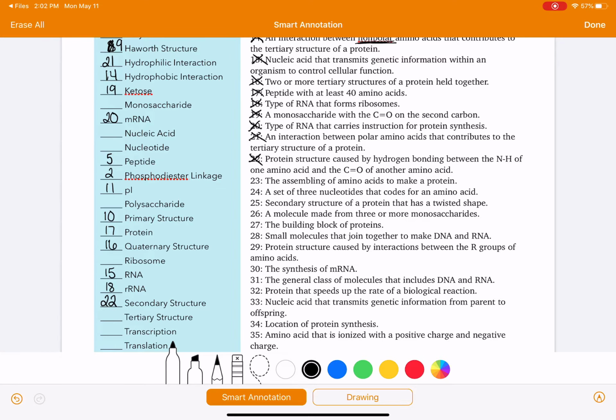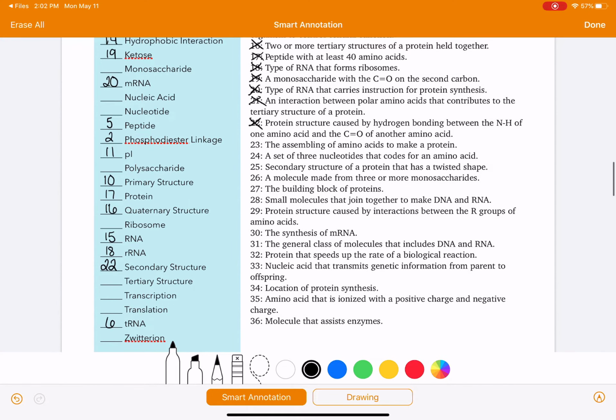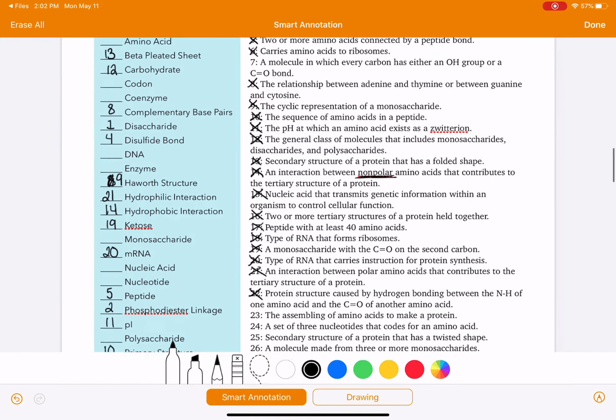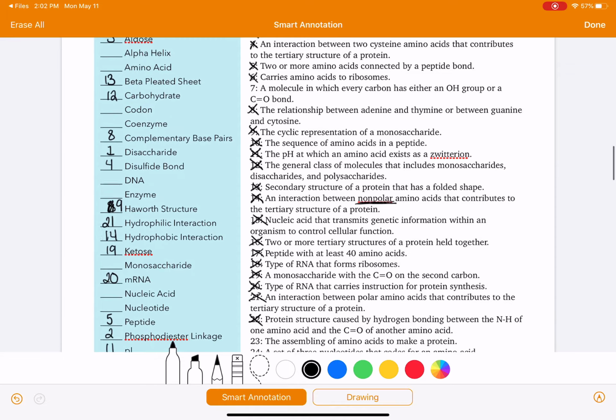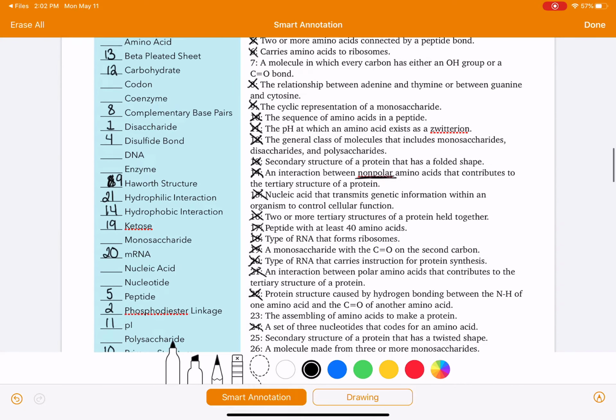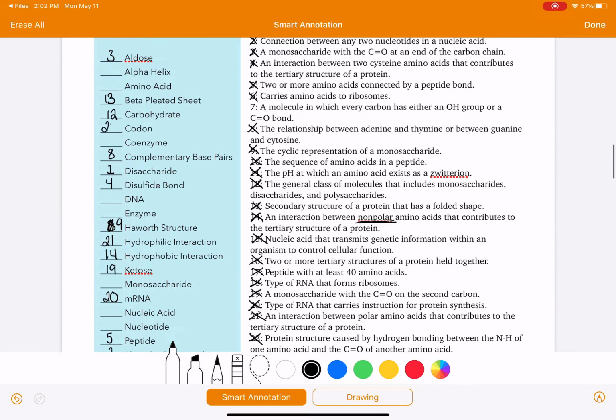The assembling of amino acids to make a protein. Ooh, that's transcription versus translation. We'll save that one. A set of 3 nucleotides that codes for an amino acid is a codon. 24 is codon.